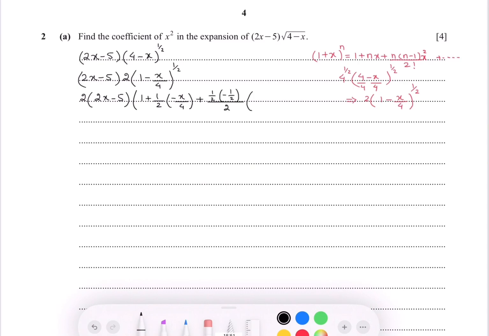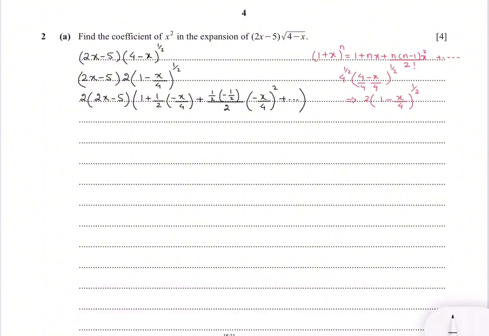Carefully write everything here and take care of the signs plus and minus. Okay, now we have to multiply 2 by 2x and the first term in the second bracket to get x square.